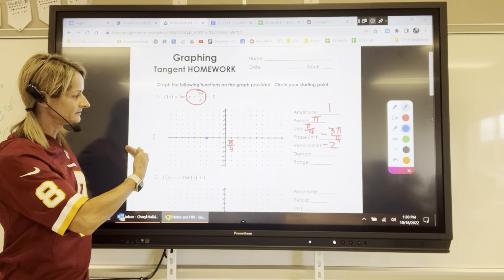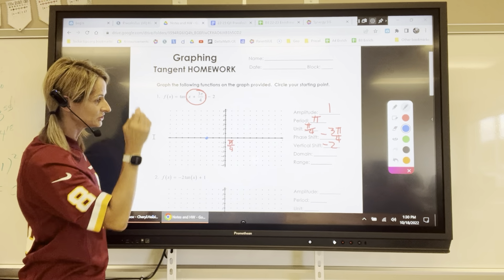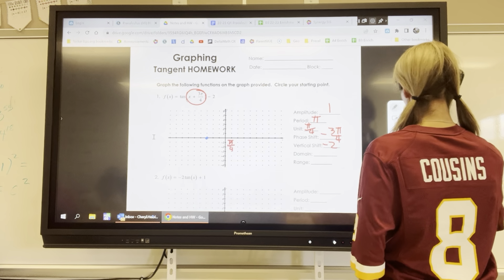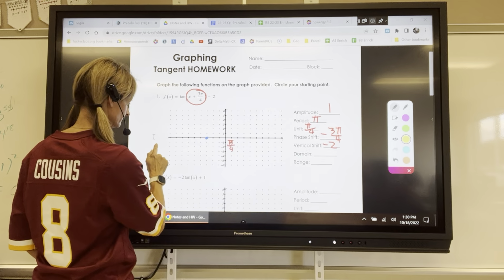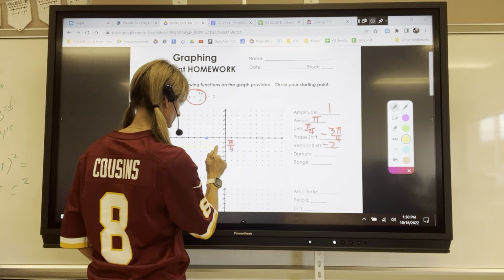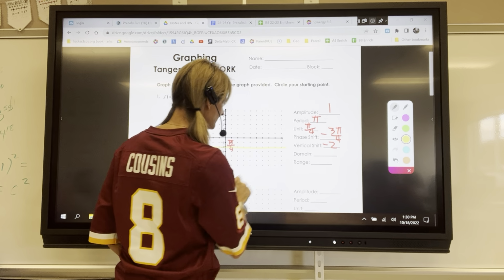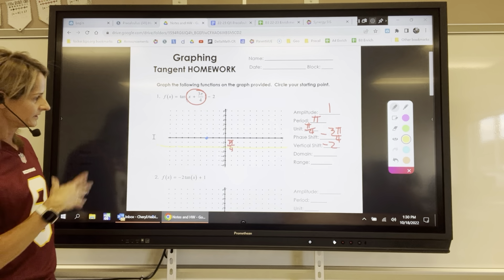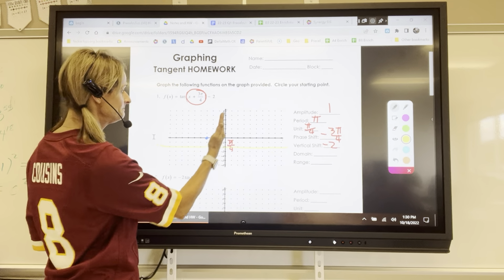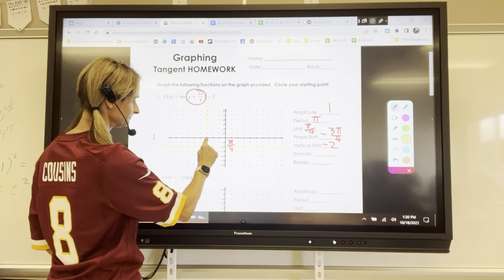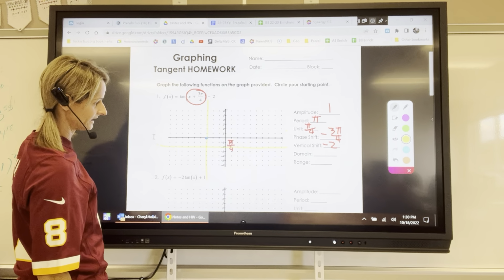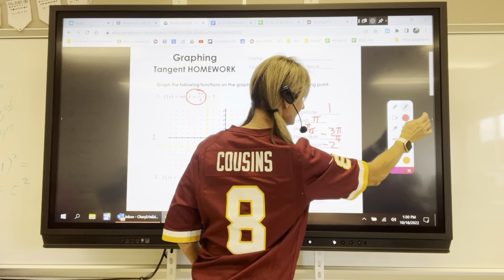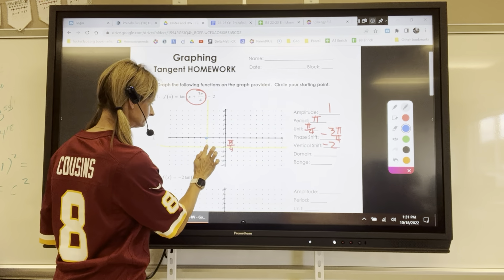So we're shifting to the left 3 units, and now we also have to shift down 2, and I'm going to use the highlighter for that. Because really any of the stuff that we're putting on our graph here, after we do the graph, we want to erase it. So that's just to give us an idea. So really, here's our new x-axis, and here's our new y-axis. So it's going left 3, down 2. So our new 0, 0 is right here.